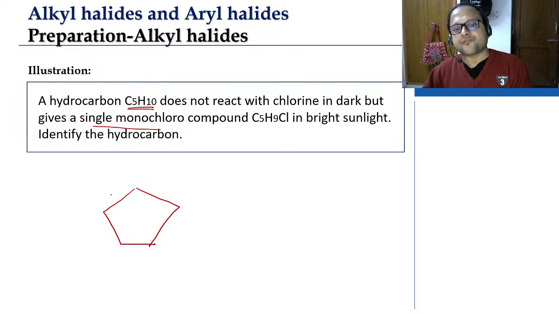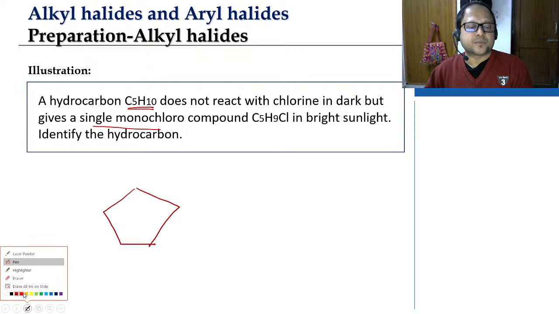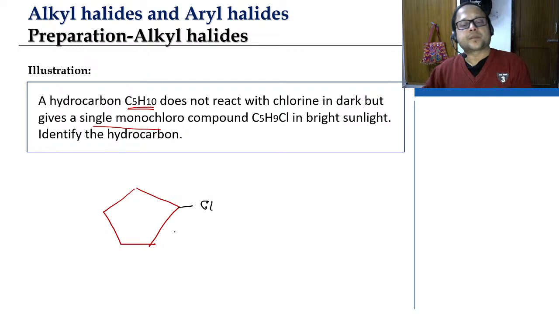Now all the 5 carbons and their respective hydrogens are equivalent. So you replace at any one particular position, it is as good as any other 4 positions. So this is your output. Only one output, nothing else can be formed.